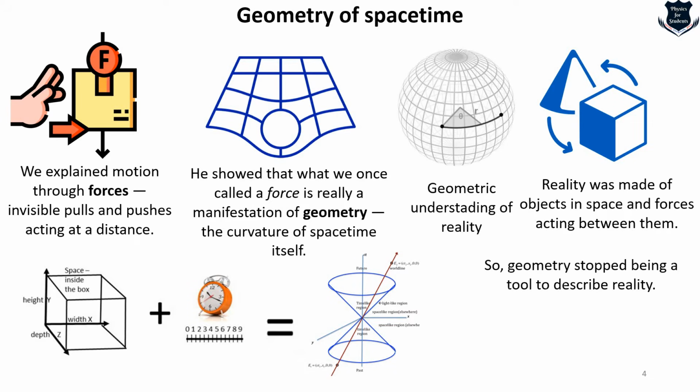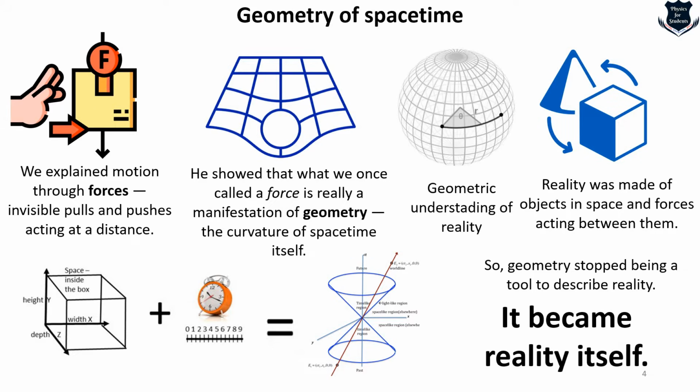The most revolutionary thing is that geometry stopped acting as a tool to describe reality, and actually became reality itself. The geometry which was perceived just as a tool to describe something in terms of internal and external curvature actually became the reality itself.